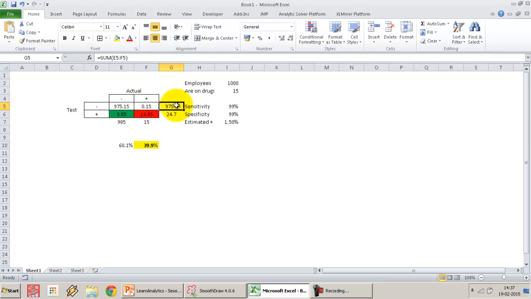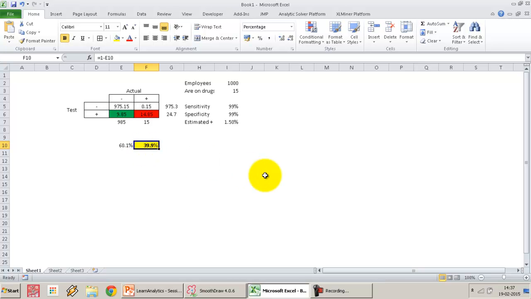So the percentage of people who have tested negative actually being negative is in excess of 99.9%. But if we look at those who have tested positive, almost 40% of them are likely to be false positives, i.e. they are actually not on drugs but testing positive on drugs.